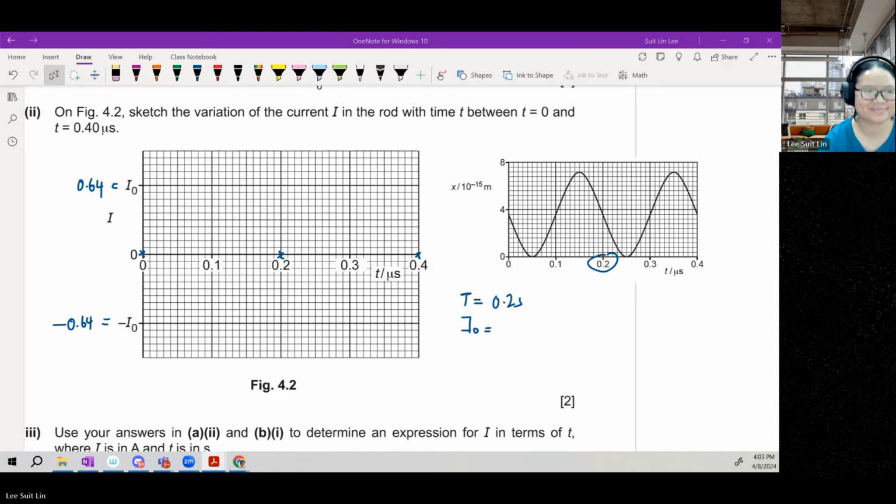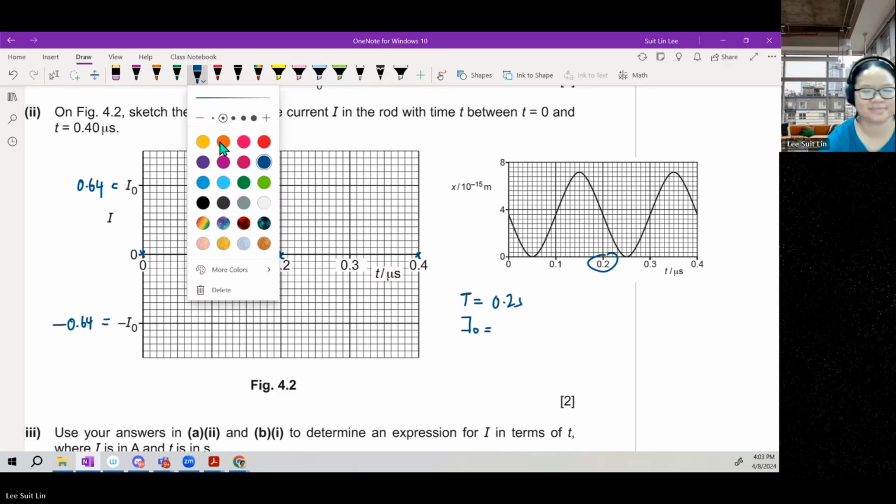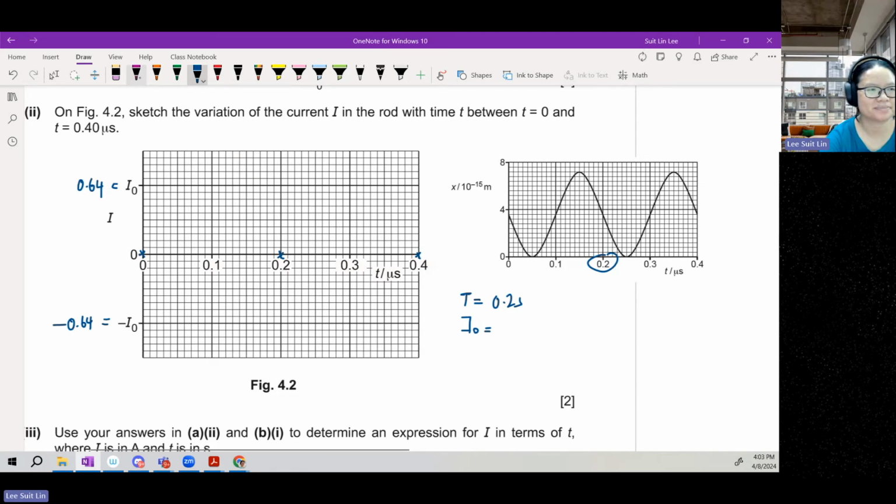Well, let's think about it. This one is the electron, correct? So if this is the electron and I want to find the speed of the electron, the speed would be differentiating the displacement of the electron.